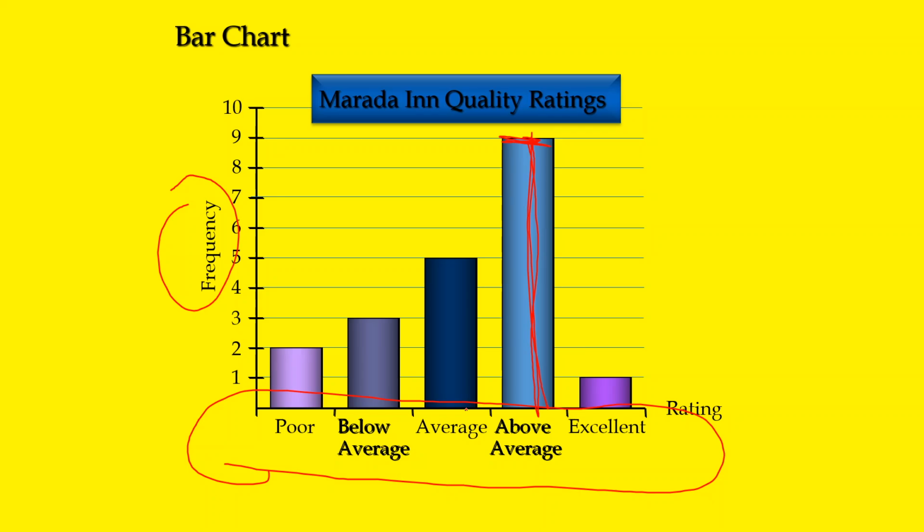Some people don't like to see numbers and prefer to see a chart. Or sometimes your presentation is full of numbers, so you want to include a chart to make your report more user friendly. So you might want to introduce this bar chart. And so this is the bar chart.